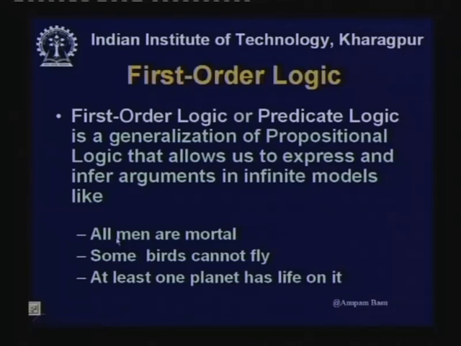For example, all men are mortal, some birds cannot fly, at least one planet has life on it. Going back to the quiz statements, all mammals drink milk, all mammals are mortal. These sorts of statements I can do in first order logic or predicate logic, but not in propositional logic.